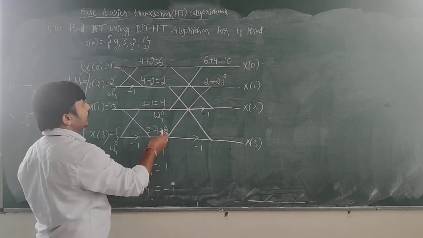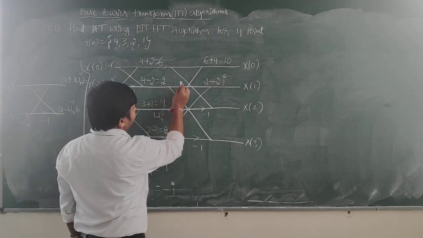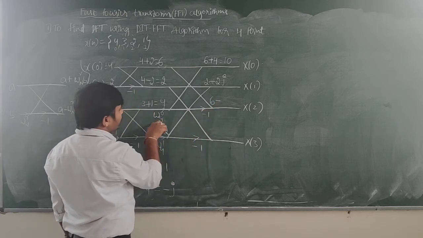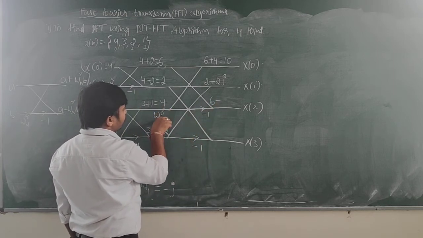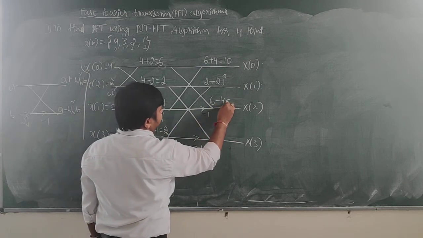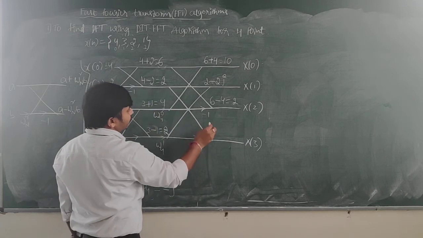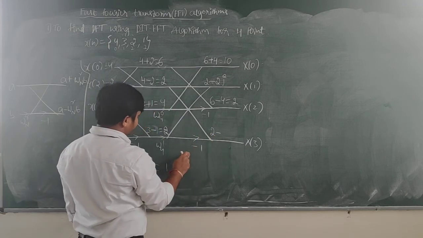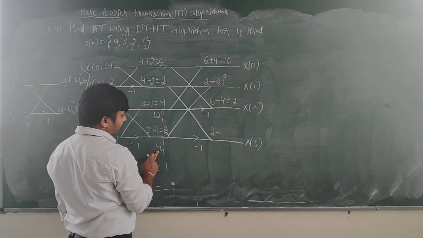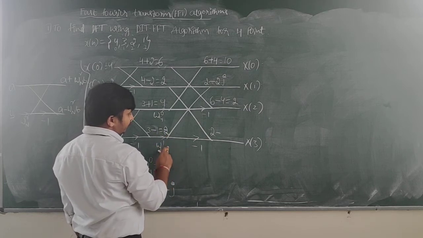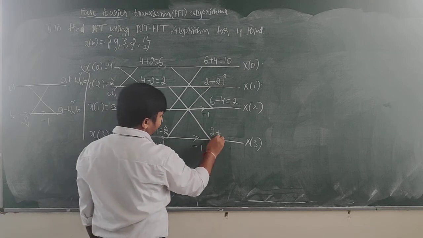Okay, so here 6 is coming, 6 minus W4 power 0 into 4. 6 minus 4 is 2. Okay, so here 2 is coming, 2 minus W4 power 1 is minus j into 2 minus 2j, minus 2j into minus 1 plus 2j.